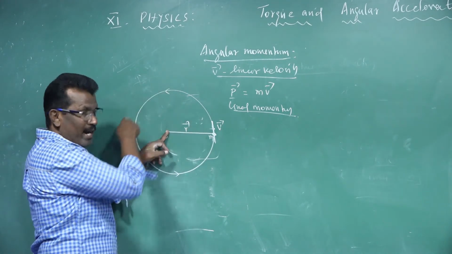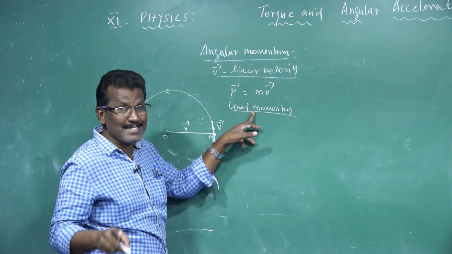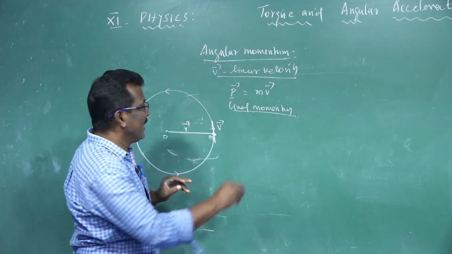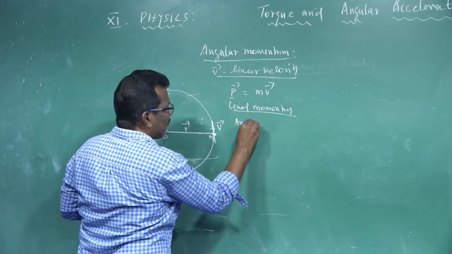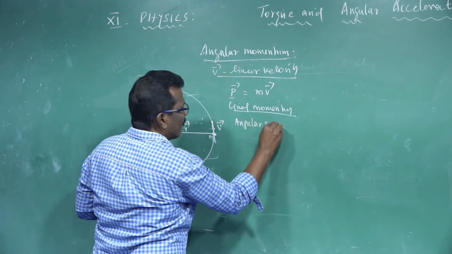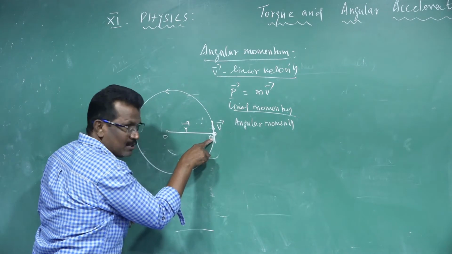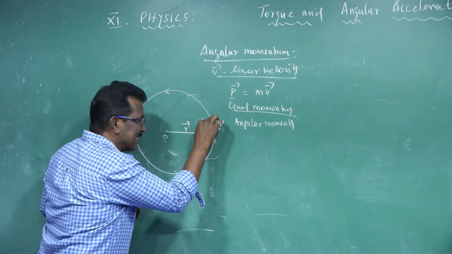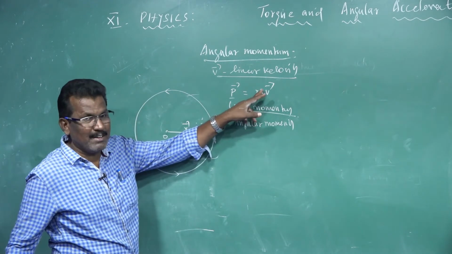If the body is rotated, there is a motion derived from the linear motion, and that is angular momentum. In this position, the point mass m is moving with linear velocity v, so the linear momentum is the product of the mass and the velocity.